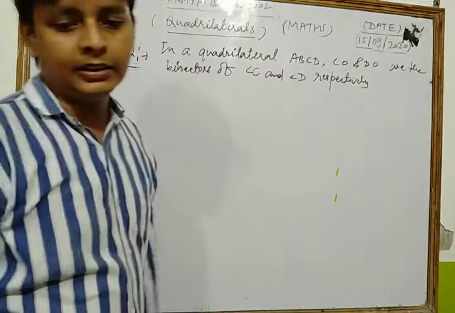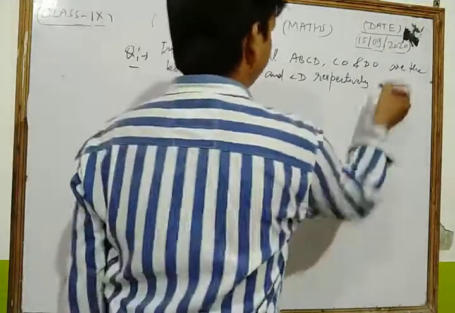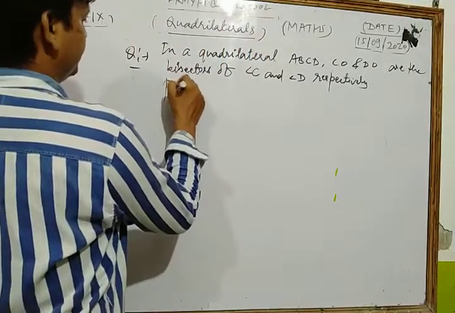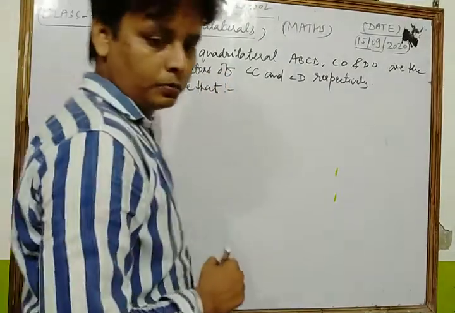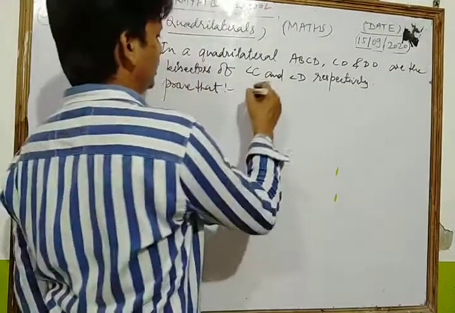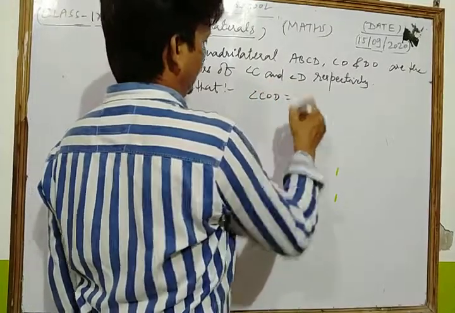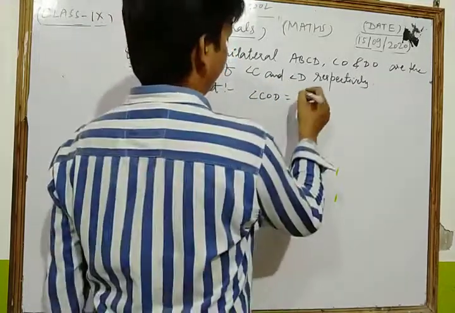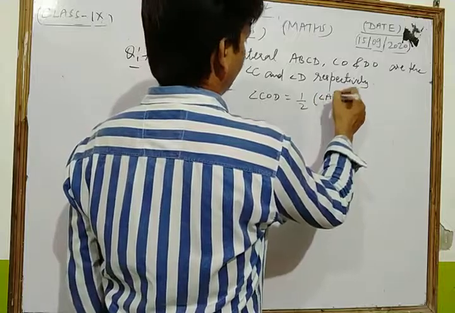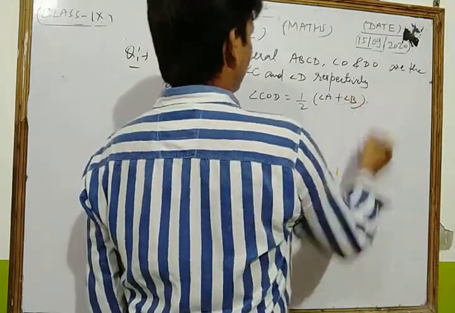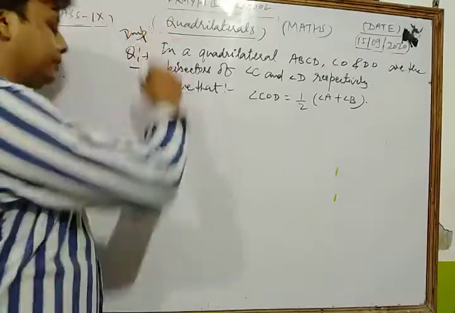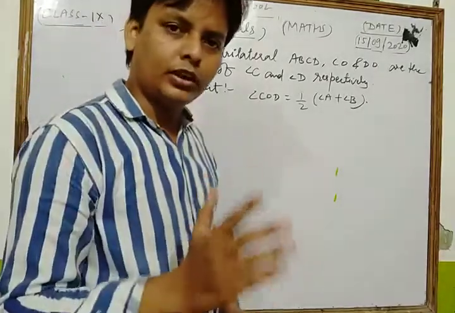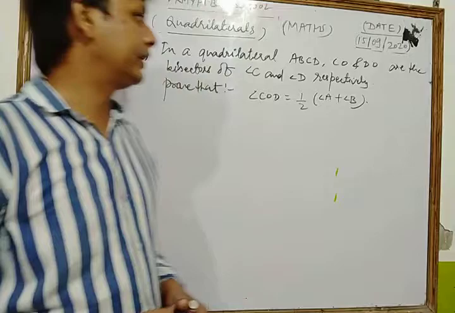Prove that angle COD is equal to half of angle A plus angle D. Dear student, this is one of the most important questions of your NCERT exercise. Okay, let's see very carefully.